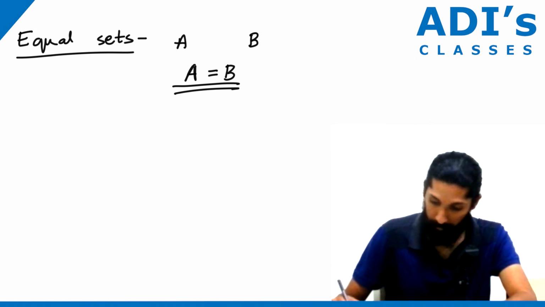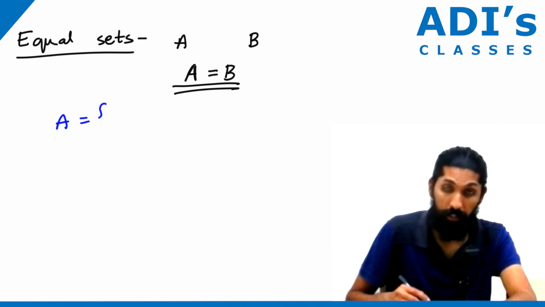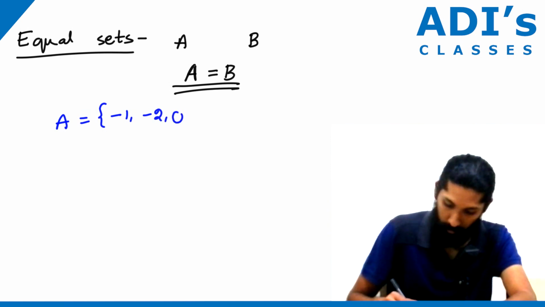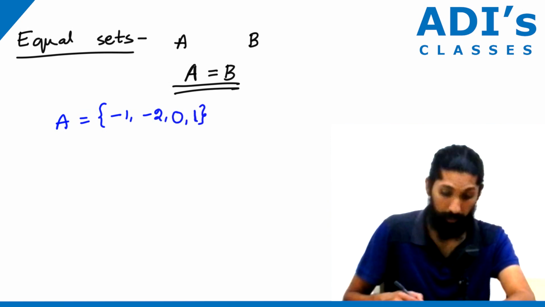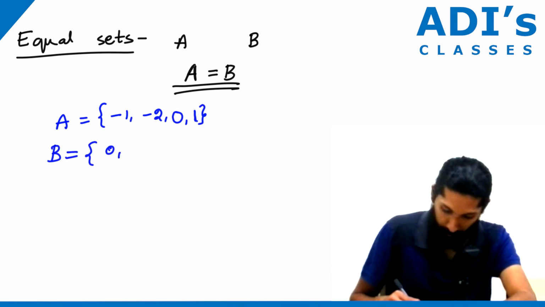For example, suppose set A is given as -1, -2, 0 and 1. Suppose set B is given by 0, 1, -2, -1.